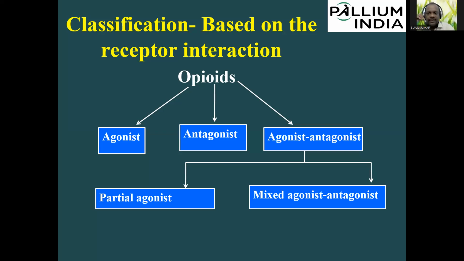What is an antagonist opioid? Antagonist means which works opposite to agonist. So I told you naloxone is the opioid antagonist. Suppose I give you naloxone. I am giving one of you naloxone. What would be the effect on your body?